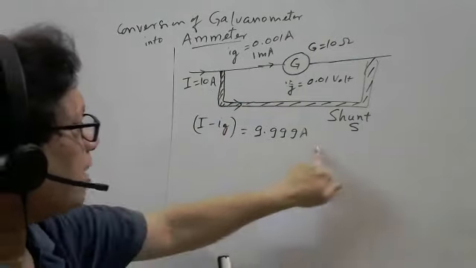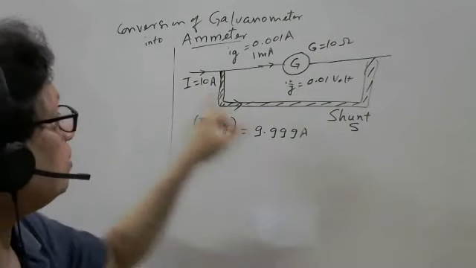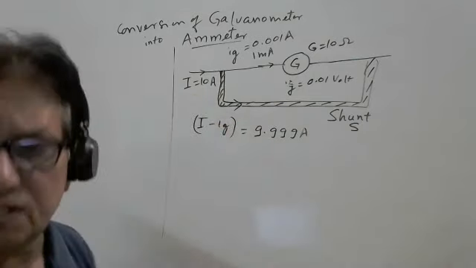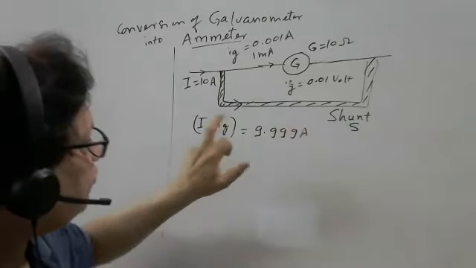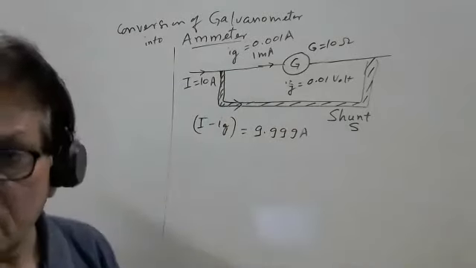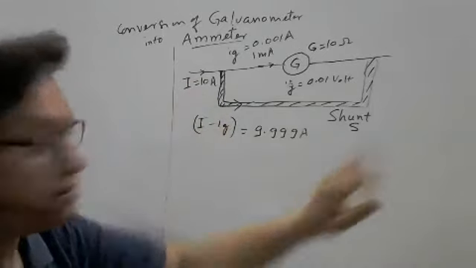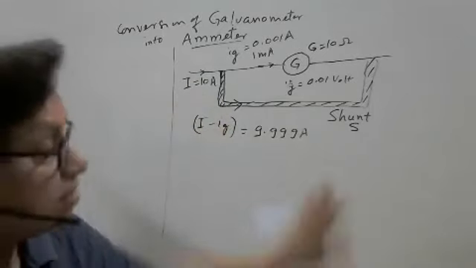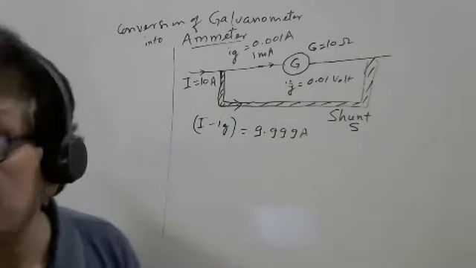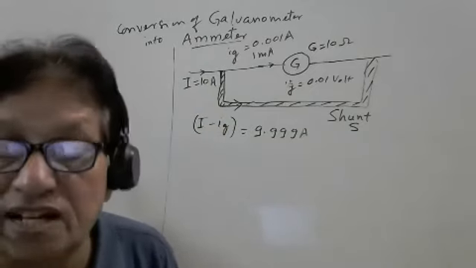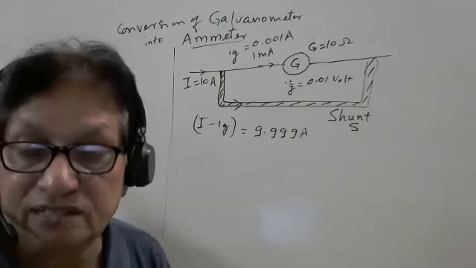The similar example here, the same thing. Extra current must pass through the shunt. Suppose we are measuring 50 ampere current with the same galvanometer, it means 49.999 ampere passes through the shunt. If we measure 100 ampere current, 99.999 ampere passes through this shunt. It means the shunt is a protective device, like our respected father.